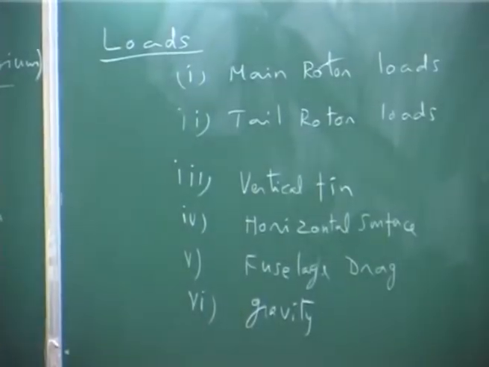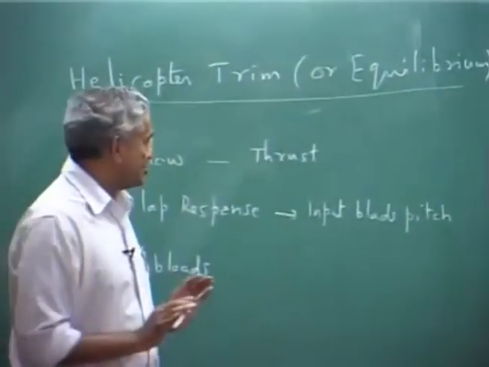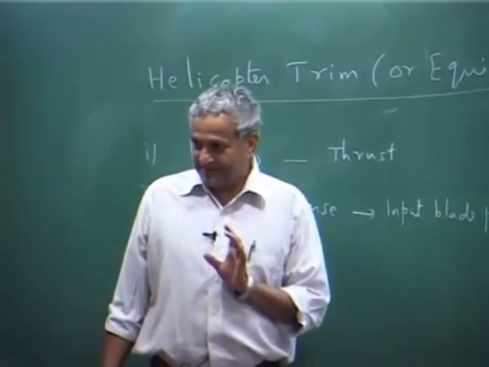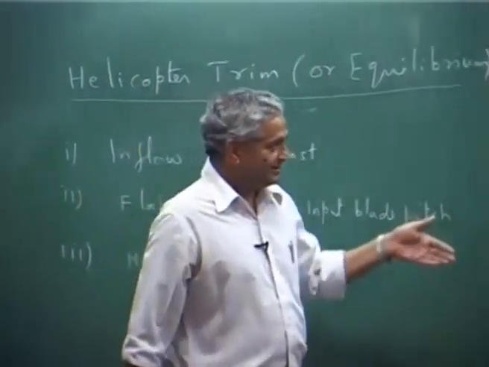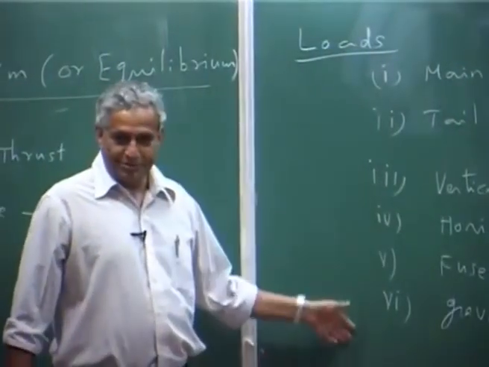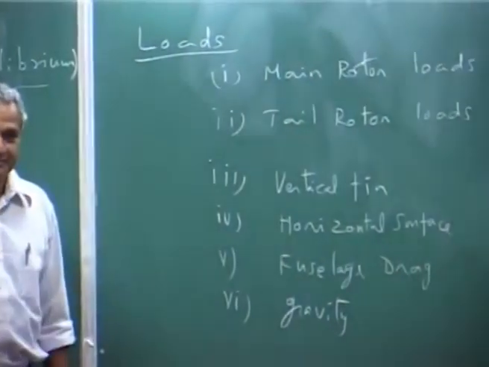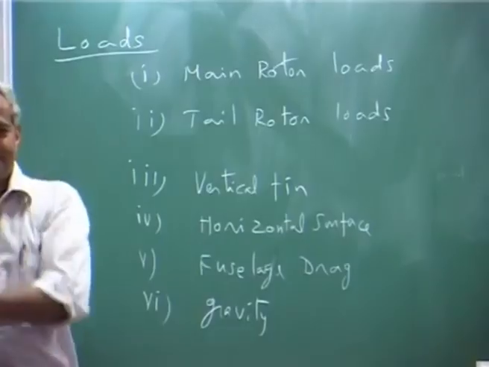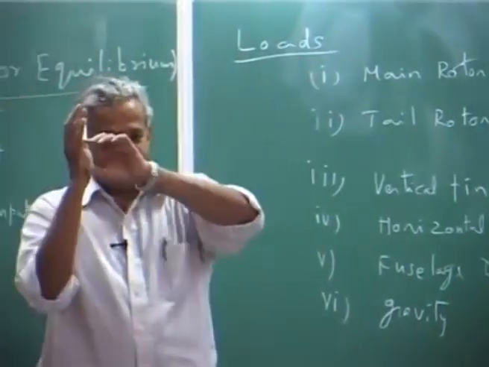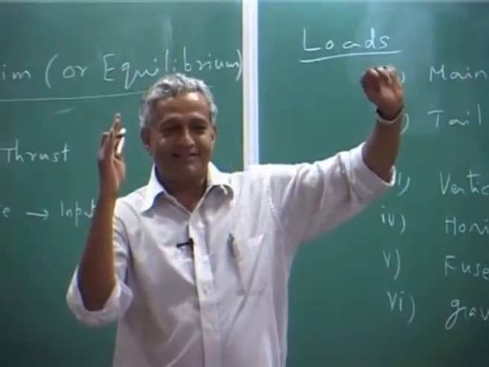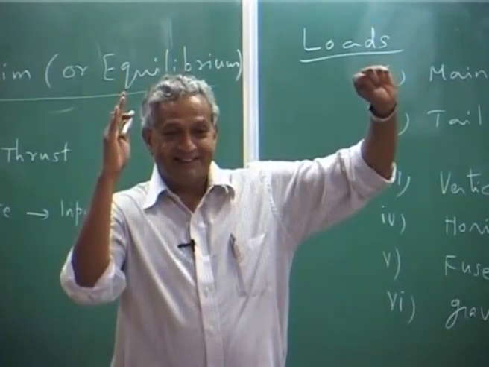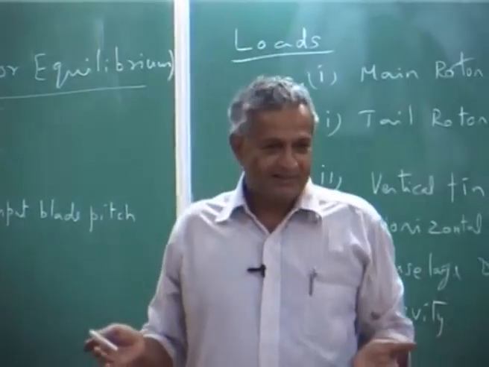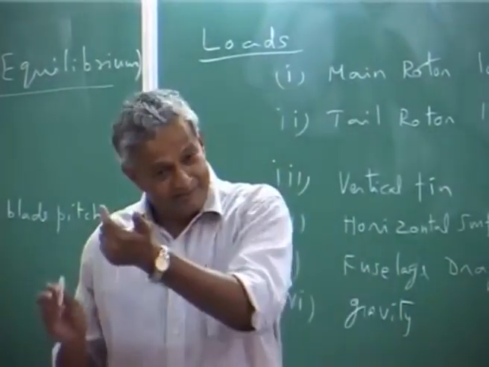Now, what we obtained is only the main rotor hub loads. We do not have any of these other things. The tail rotor can be mounted on a vertical fin. That means it is like an actual conventional aircraft, and the fin can give its own load.